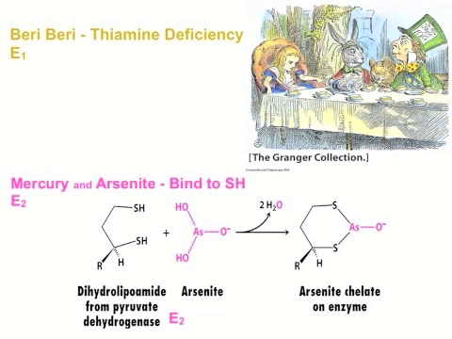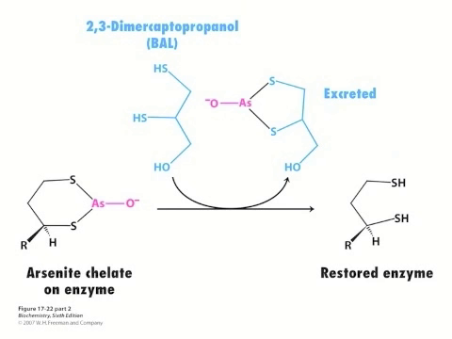Mercury and arsenite can also impact the pyruvate dehydrogenase complex, but do so by inhibiting E2. These two can bind to the sulfhydryl groups and thereby inactivate lipoamide. Now, there are ways to counter this, and one of them was used in World War I, in which arsenic was used as a component of gas that was used as a chemical weapon.